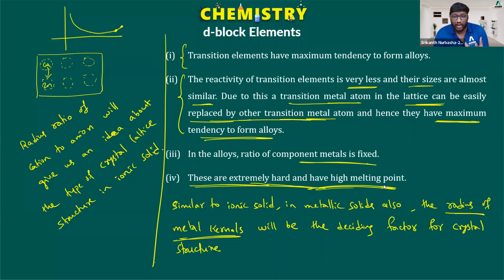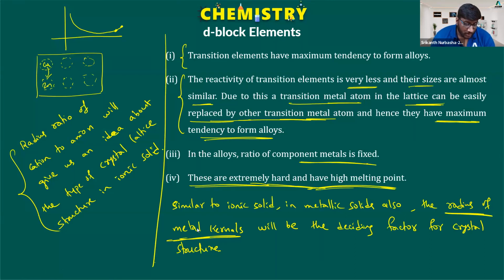Why? Because they are going to have strong metallic bonding. Why? Because they are placed at some of the crystal lattice sites. Why? Because they have similar sizes. The transition metals have similar sizes, because of that they can be placed in the crystal lattice sites easily, leading to the formation of alloys. And all this depends upon the size, the radius of the metals.